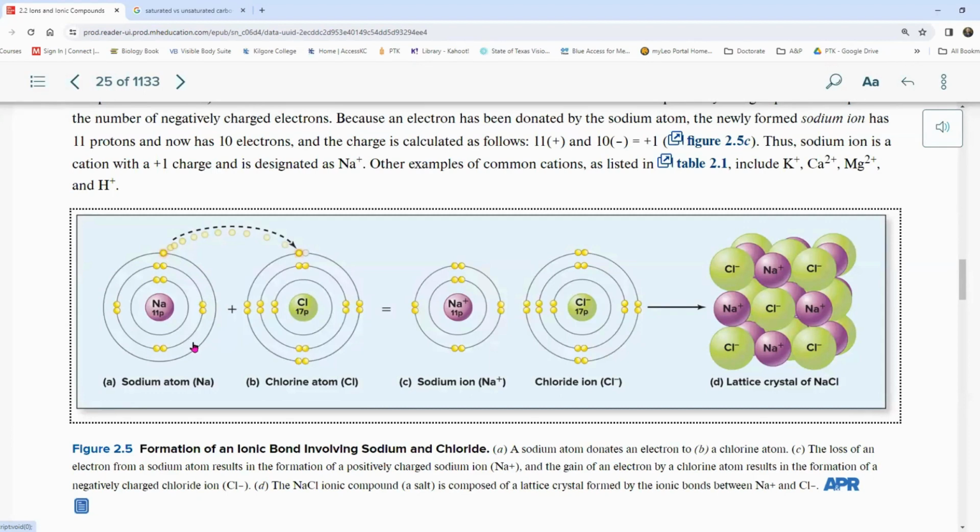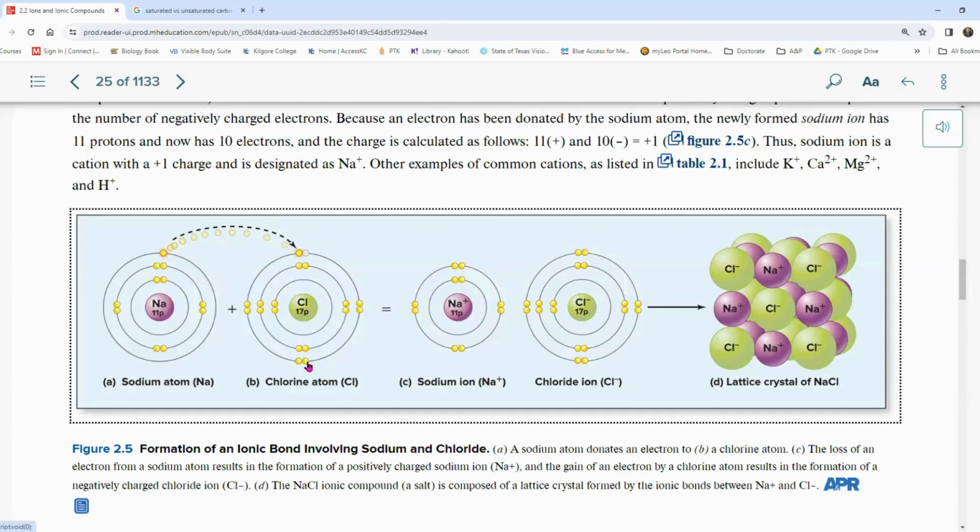Remember, each shell wants to have 8, but sodium's outer shell only has 1. And if you notice here in the next shell down, it has 2, 4, 6, 8. So that shell is actually full. However, this very last shell here is quite empty, it only has 1.